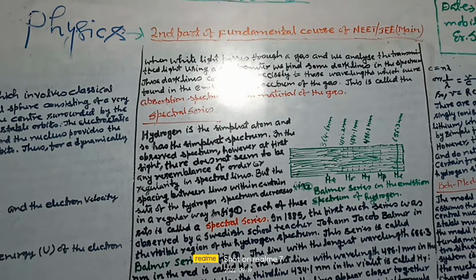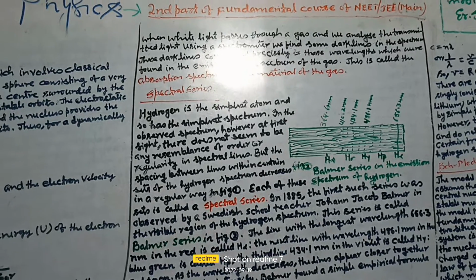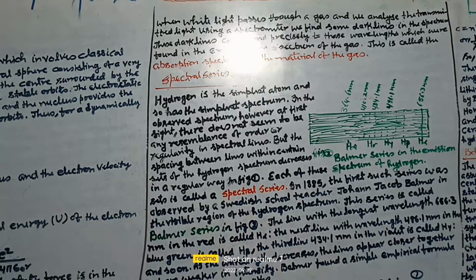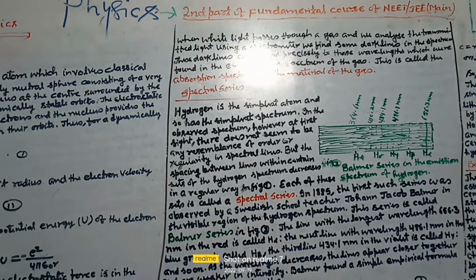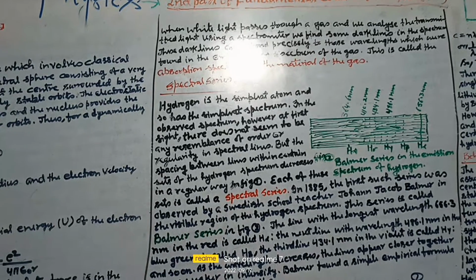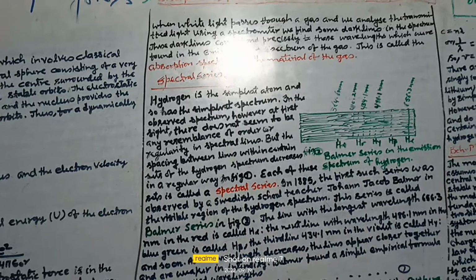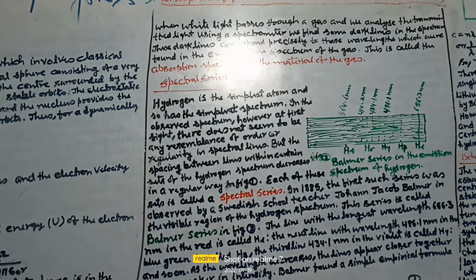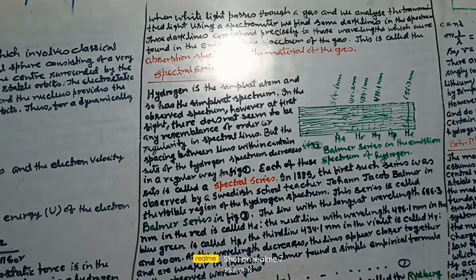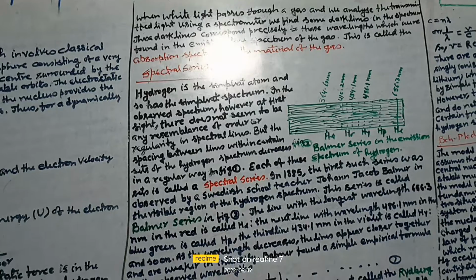Hydrogen is the simplest atom and so has the simplest spectrum. At first sight, there does not seem to be any resemblance of order or regularity in the spectral lines, but the spacing between lines within certain sets of the hydrogen spectrum decreases in a regular way, as in figure 1. Each of these sets is called a spectral series.